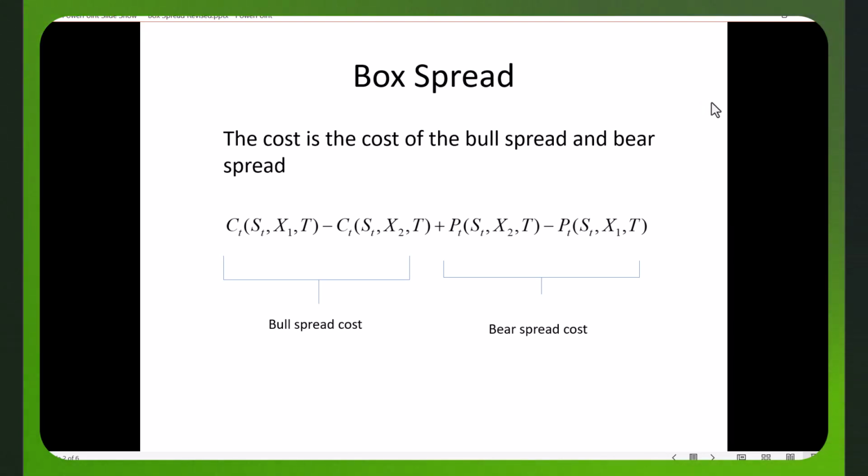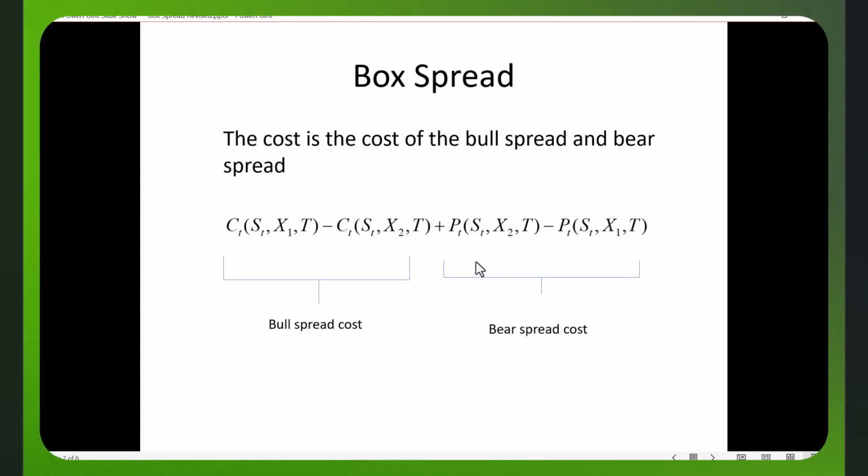So the cost is the cost of the bull spread and the bear spread. And the cost of the bull spread, we're going to use calls, is the value of the call with the lower strike price minus the value of the call with the higher strike price. Remember, to create a bull spread, you're going to buy the call with the lower strike, and you're going to write the call with the higher strike price, plus the cost of the bear spread, and we're going to use puts here.